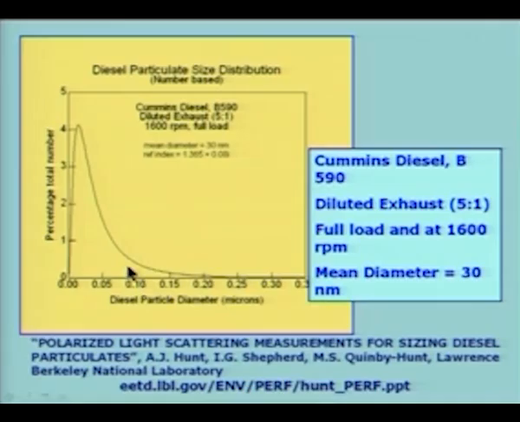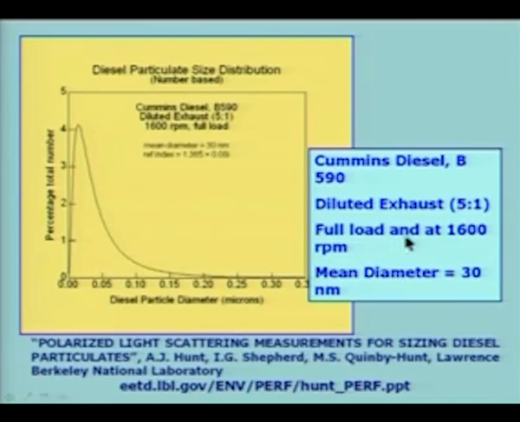That means the particles are not all of the same diameter; they have different diameters, and there is a distribution. In this particular example, they were running a Cummins diesel V590 engine, and the exhaust was taken from the engine and diluted in the ratio of 5:1, so that the smoke concentration is reduced and can be measured easily.